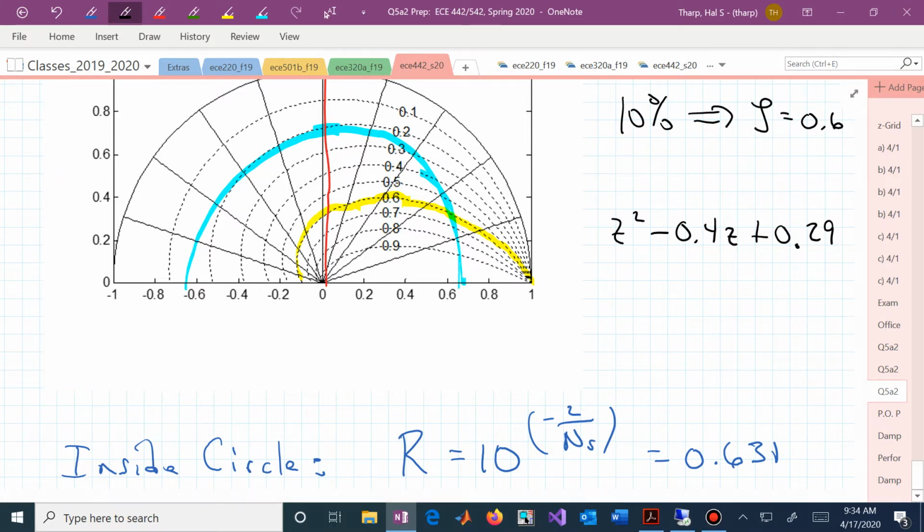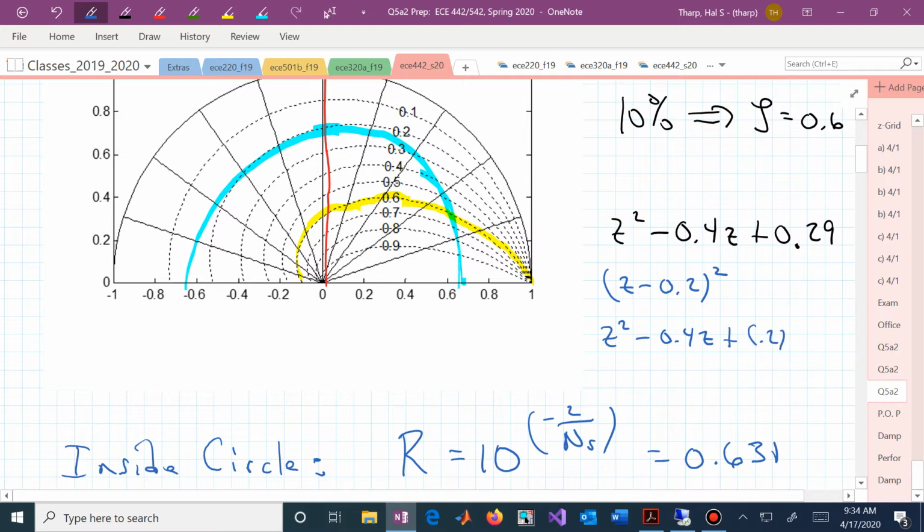You could also complete the square, which is useful here to see what the real part is if you're anticipating those being complex. Now we have z squared minus 0.4z. That's giving us what we needed in the first two terms, plus 0.2 squared, which is 0.04, and what's left over then to make up the 0.29 is the 0.25.